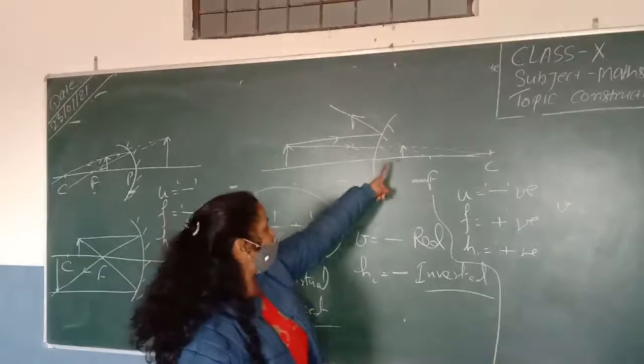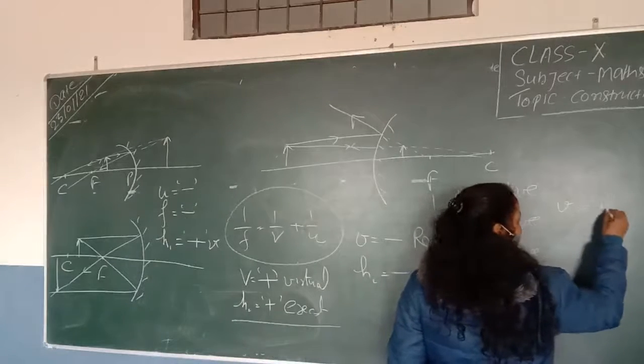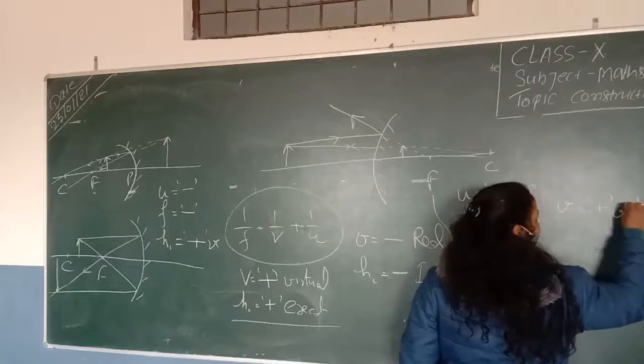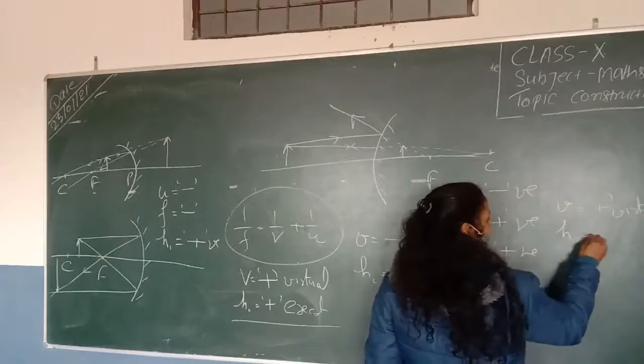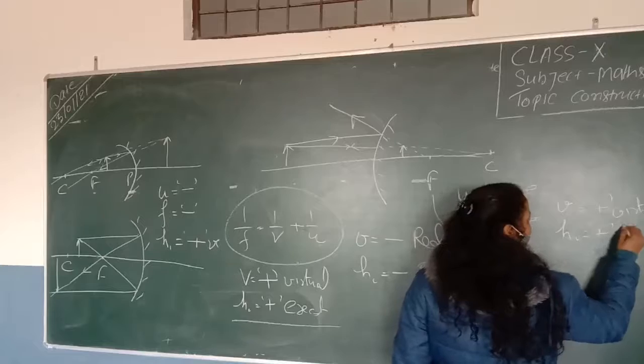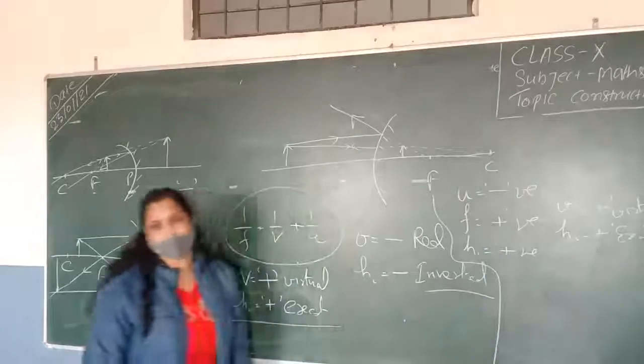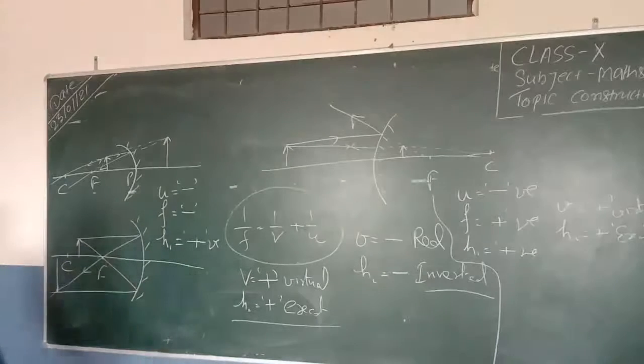We are measuring the distance toward this side, so V is positive. This positive sign shows that the image is virtual, and a virtual image is always erect. So H2 should be positive. Only one symbol here is negative, that is U. So this is the sign convention for the convex mirror.